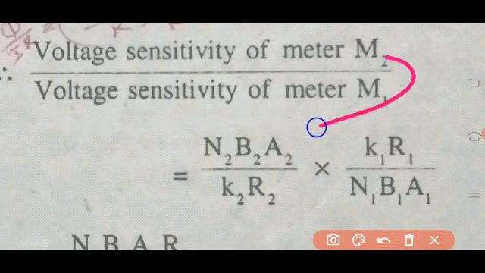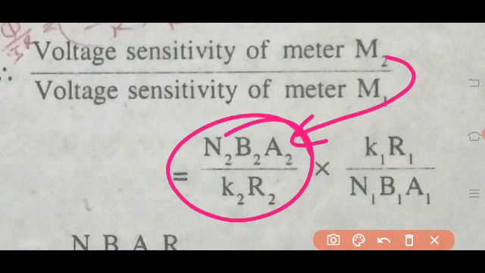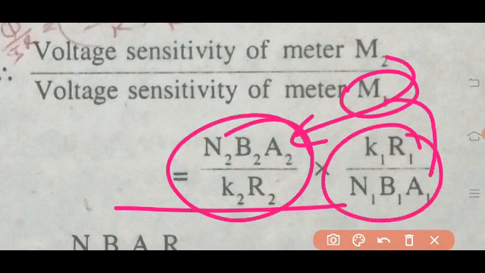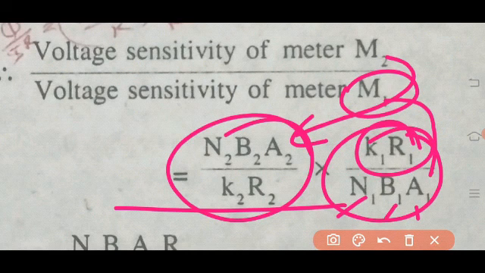For M2, what do we have? N2 B2 A2 by K2 R2, the whole divided by the equation for M1. So it gets reciprocated: that is N1 B1 A1 in the denominator, with K1 by R1. When you take the reciprocal, just multiply.